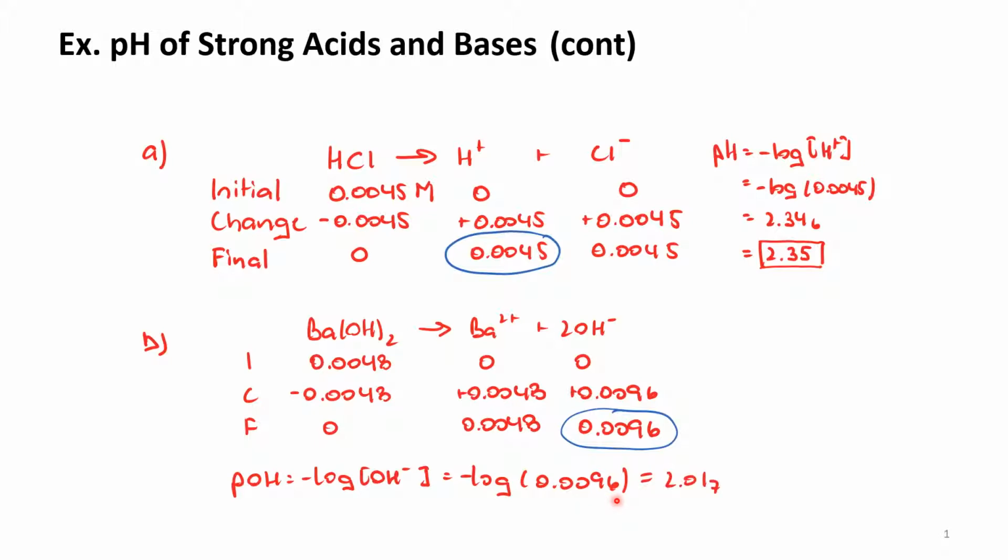Plugging that into our calculator gives us a pOH of 2.017. Now we can calculate the pH using pH equals 14 minus the pOH, and substituting the pOH in, we get 14 minus 2.017. Plugging that into our calculator gives us 11.982, and rounding gives us a pH of 11.98.